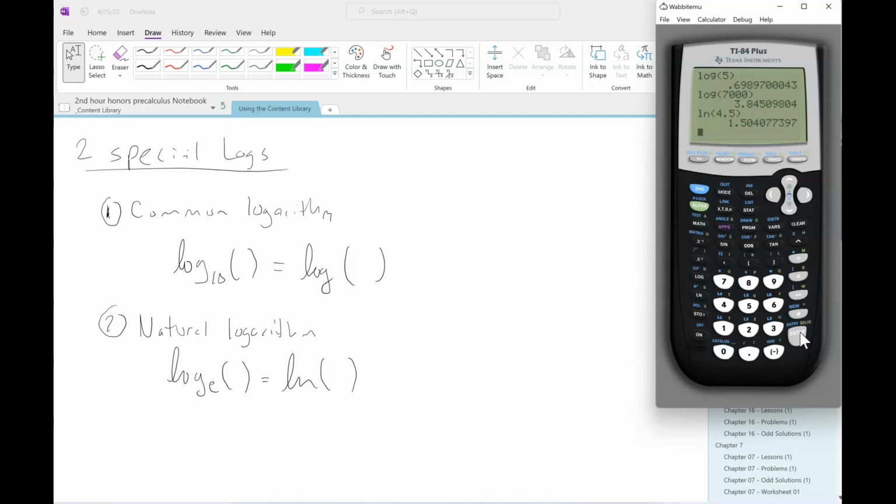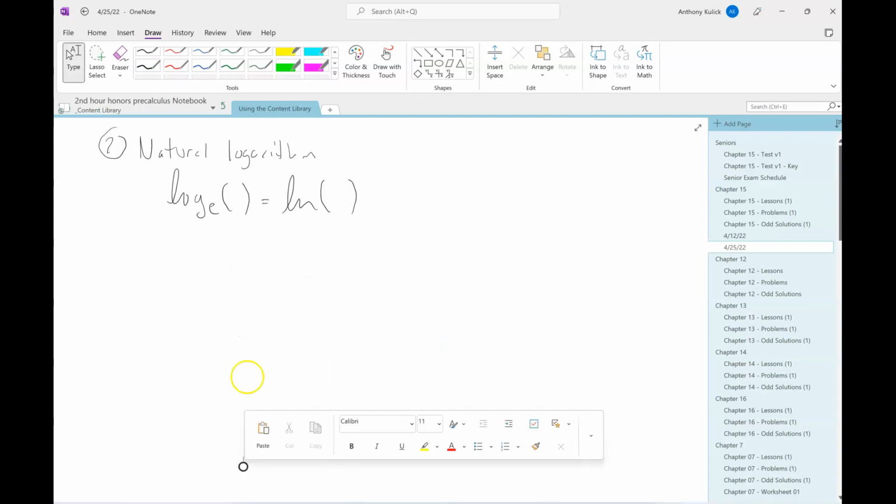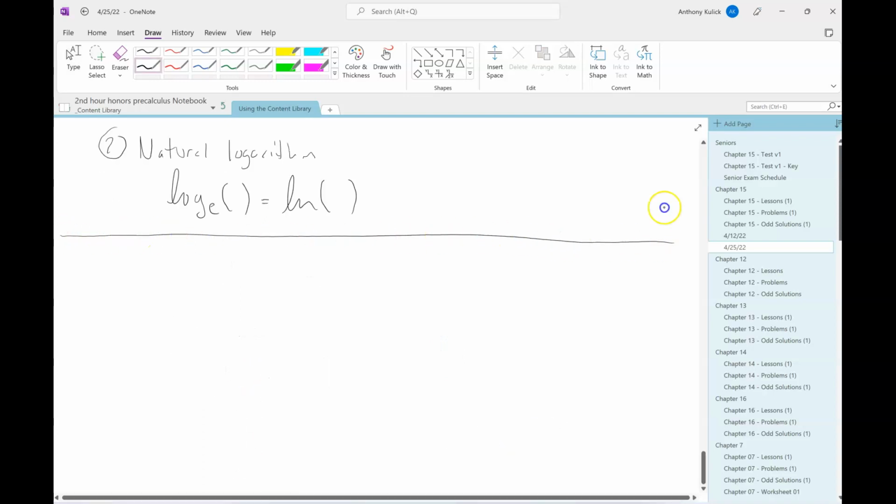So, there are 3 special properties of logarithms that describe how we can add or subtract two logarithms, or multiply a logarithm and a constant together. The first one is called the product property.